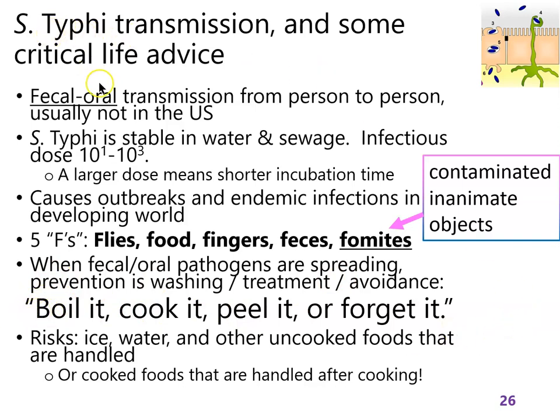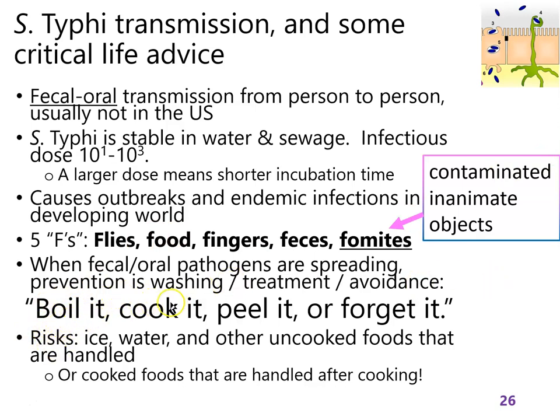Boiling water kills Salmonella. It kills Vibrio cholerae. It doesn't kill endospores, but that doesn't matter because most of the time water doesn't have a lot of the endospore-forming bacteria in it. So boiling water is very useful. It inactivates some viruses too.